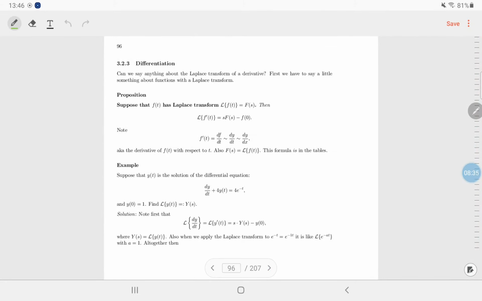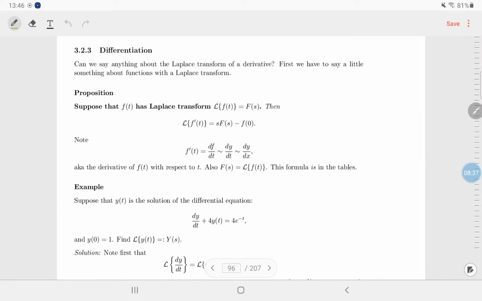Okay, so now here it says, can we say anything about the Laplace transform of a derivative? A big way of understanding the Laplace transform is, and I'll do it in analogy, that logs essentially turn multiplication into addition.